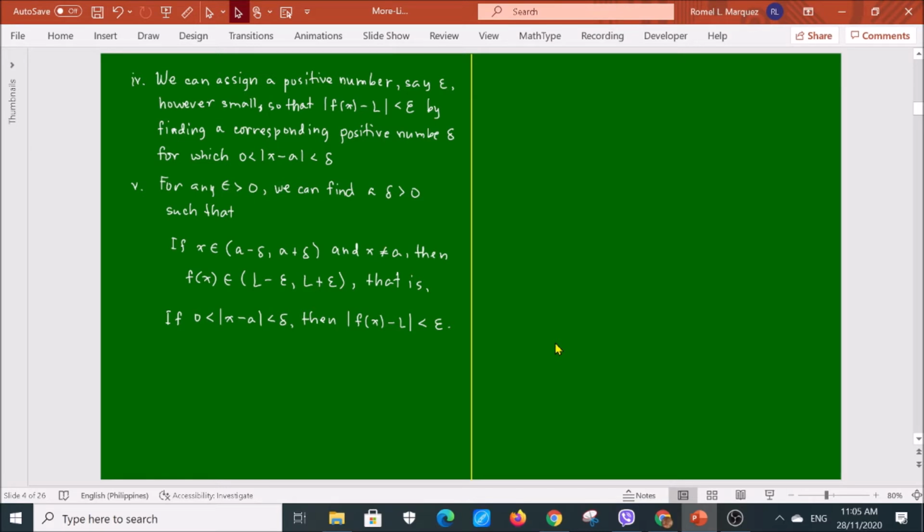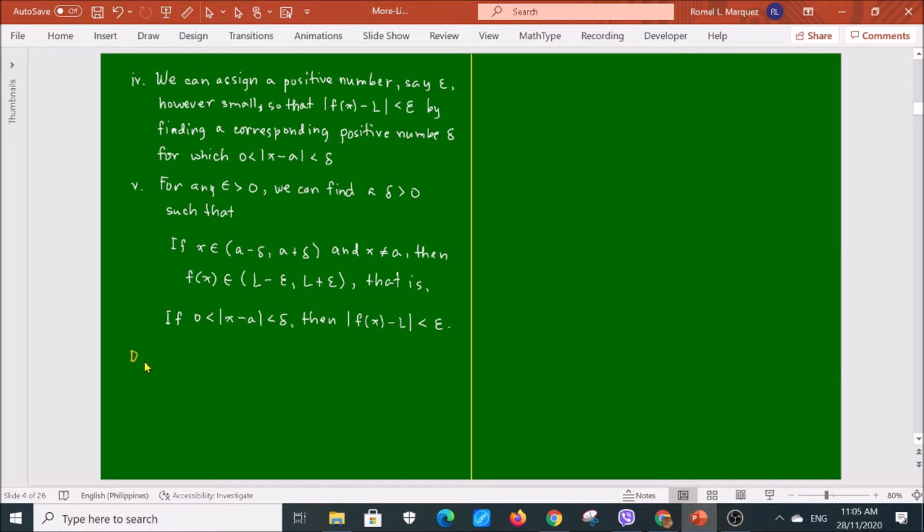See, we are able to reduce that intuitive definition to mathematical form. So we can now formally define the limit of a function precisely or formally.